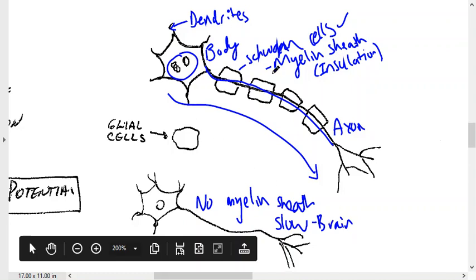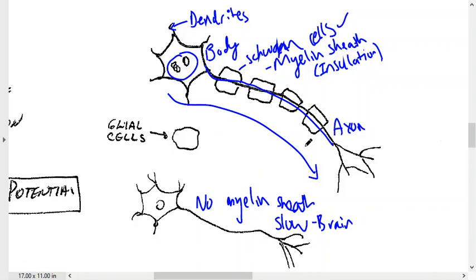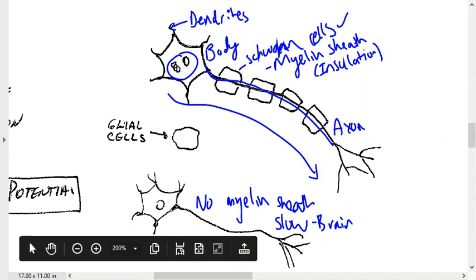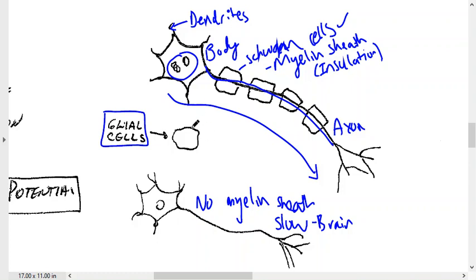And if you think about all the work that this axon and the body of the cell is doing, it's going to require a lot of ATP. So these cells often have supporting cells called glial cells that give the cell nourishment and support the function of the cells. And this is extra info. You don't have to know it.